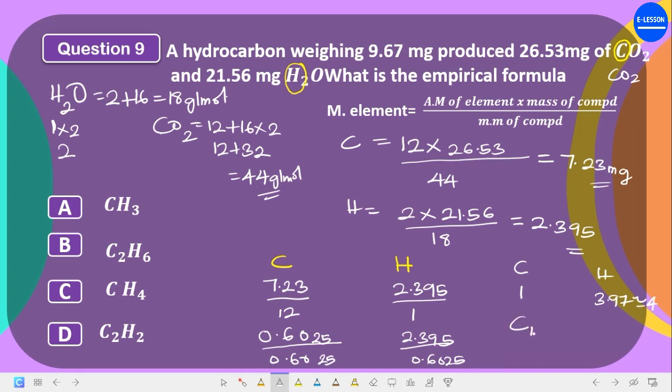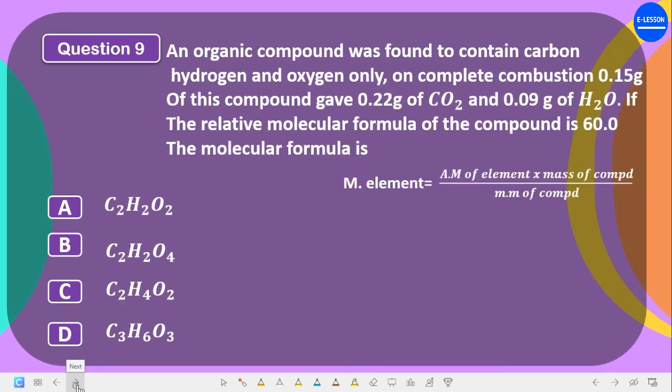So the compound is C1H4, which is CH4, and that is the correct answer to that question, CH4. Okay, now let's proceed to the next question quickly.